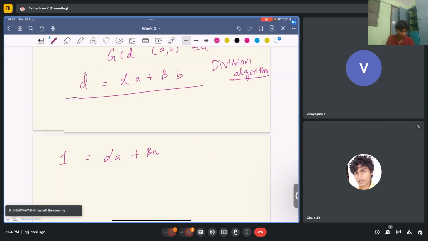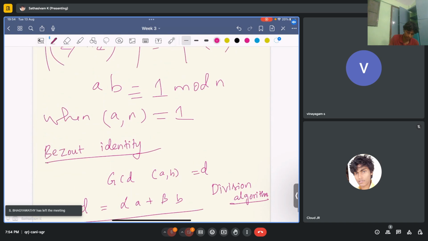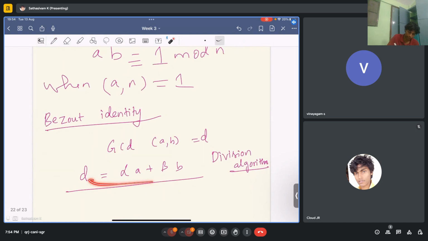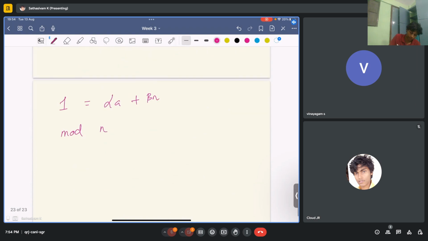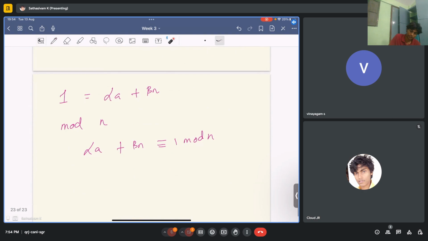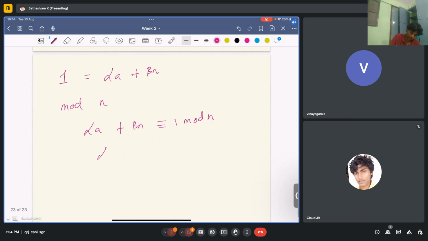I'm just using the Bezout identity for this particular one. Now you take mod n on both sides. Then alpha a plus beta n is congruent to 1 mod n, right? But beta n is nothing but 0 because n divides it. So what you get is alpha a is congruent to 1 mod n. So basically we got the inverse alpha here.